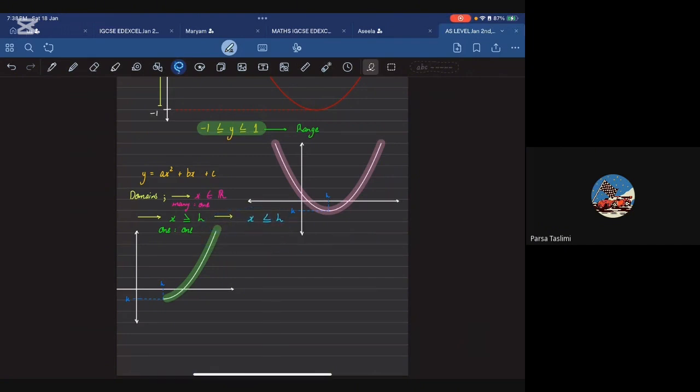Again, it will become one to one, because now we're only going to be looking at the left side of the graph. Clear, Parsa?